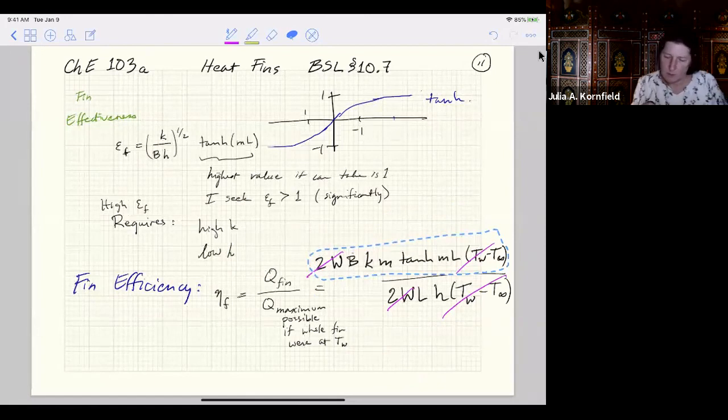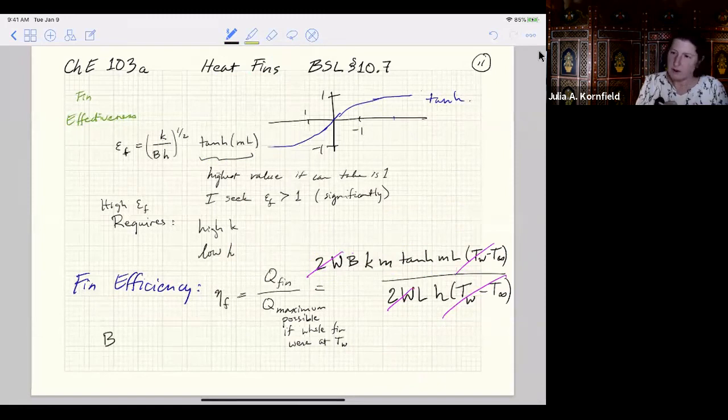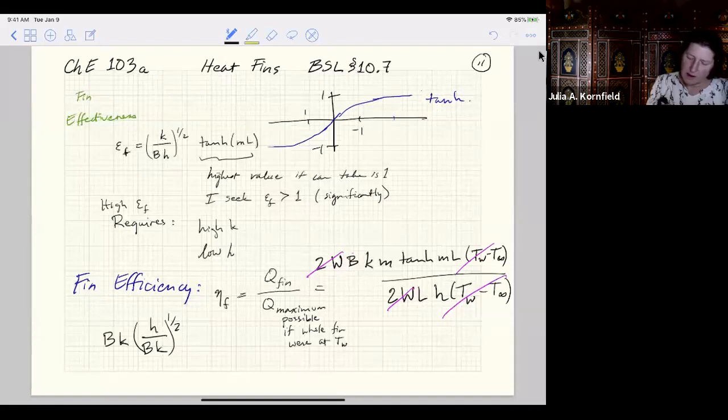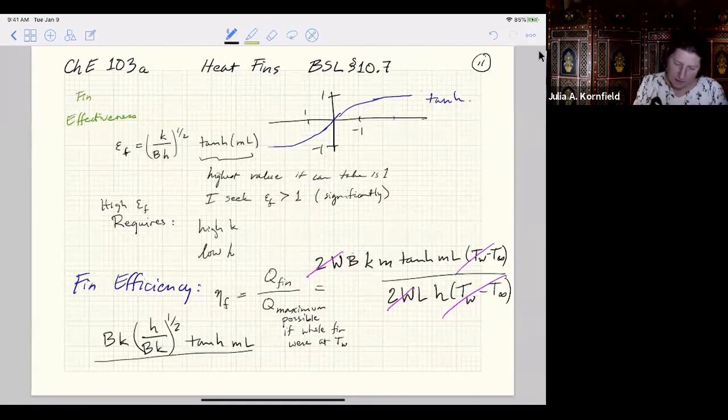Okay, so we have BK times M, where M is H over BK to the 1/2. Okay, so that's going to cancel out a half power of the BK in the numerator. So we'll have BKH whole thing to the 1/2 times tanh of ML over, down here we're going to have H and L, and that's all.